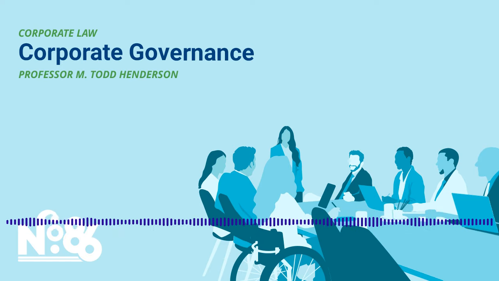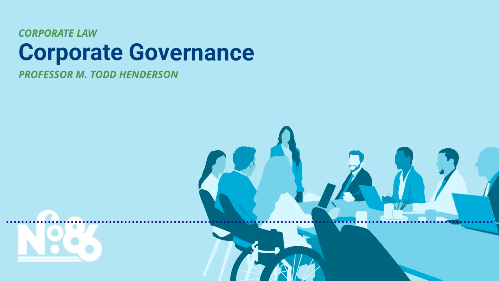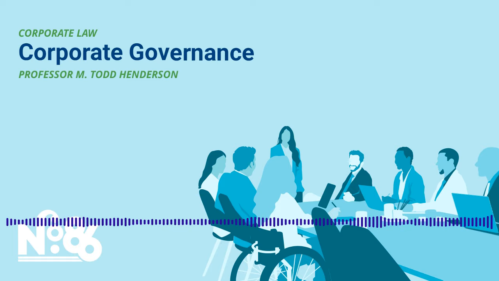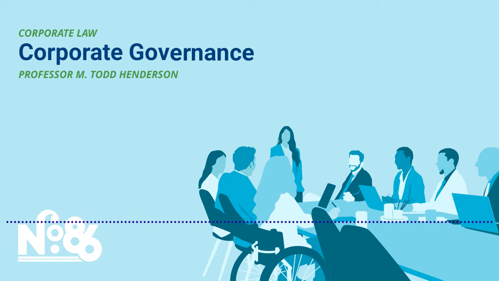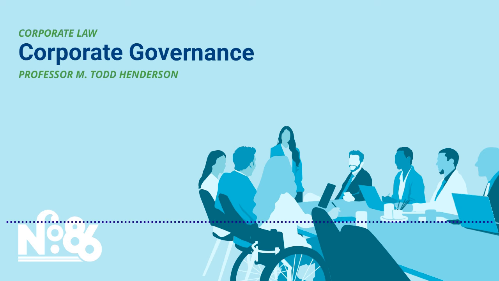And the Delaware cases try to unravel this. How can we strike the right balance between giving boards the power to say no to serve shareholder interests versus making sure that we get sufficient numbers of takeovers so that we're not exacerbating agency costs?